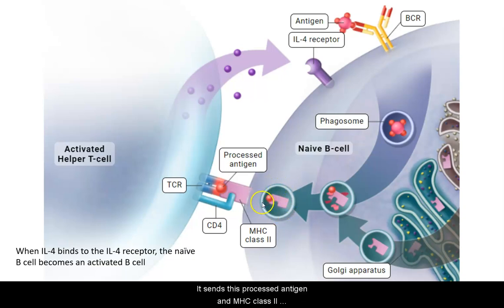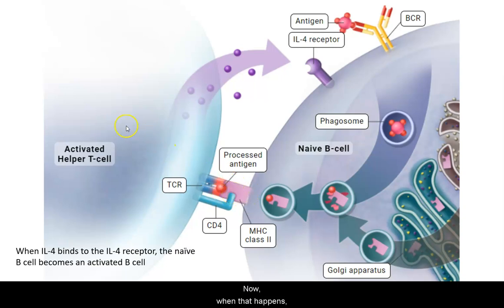It sends this processed antigen and MHC class II molecule to the cell surface where it can interact with the helper T cell. And remember, the helper T cell is going to bind to that antigen with its T cell receptor, and its CD4 co-receptor is going to bind to the MHC class II molecule.